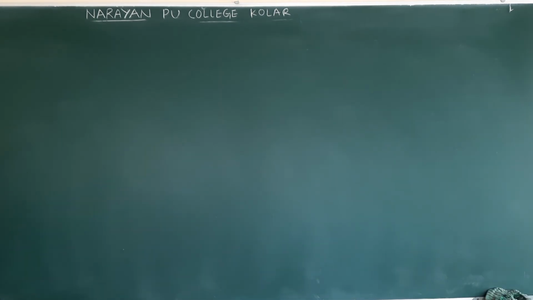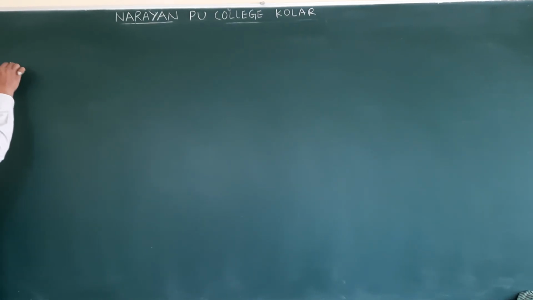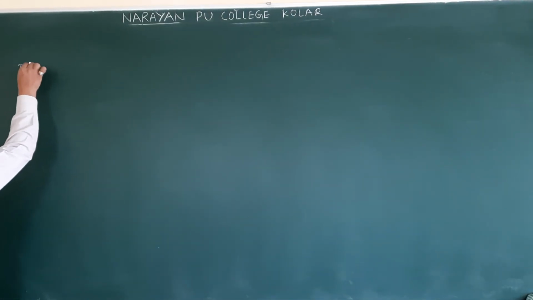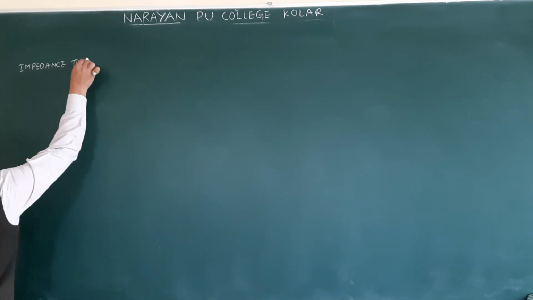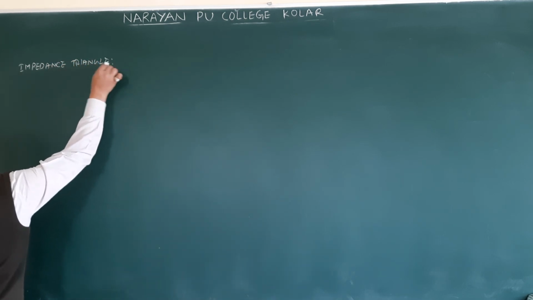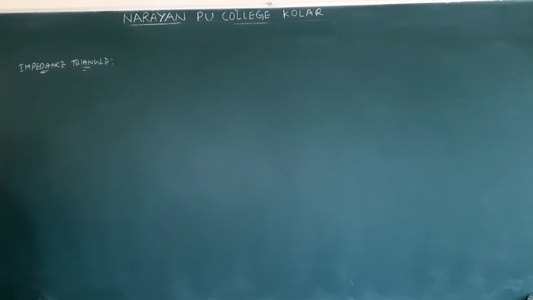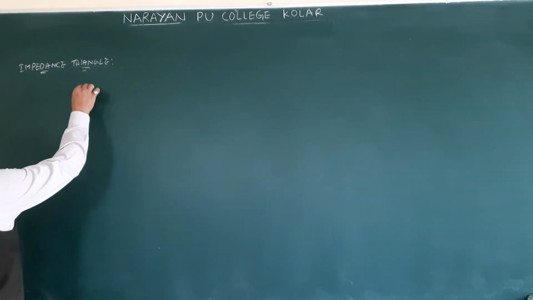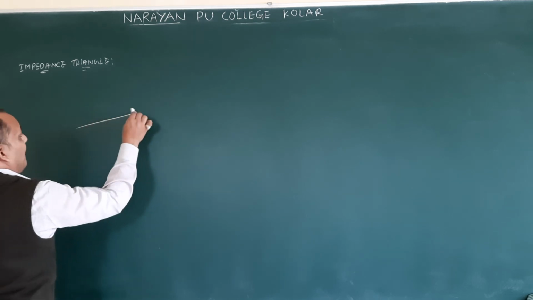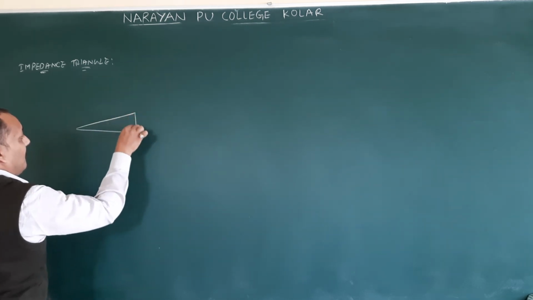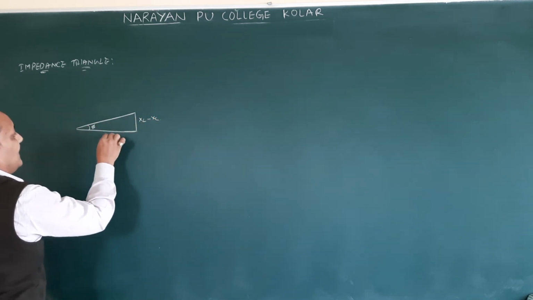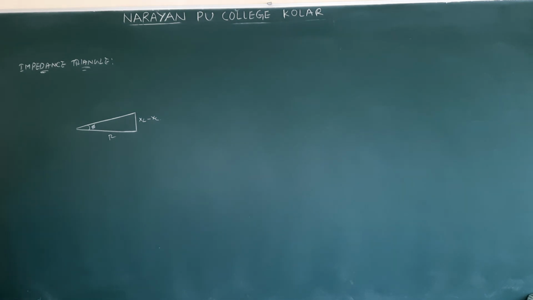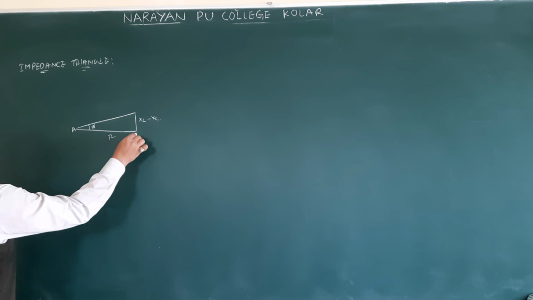Next, the impedance triangle. We got by using the phasor diagram, this is phi, with XL minus XC and R, making some angle phi.